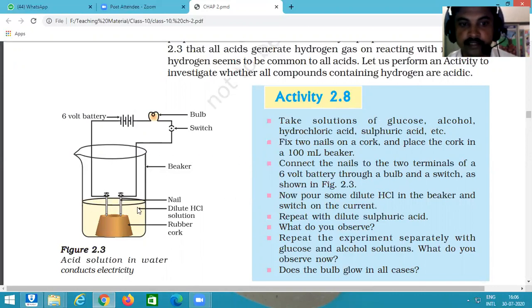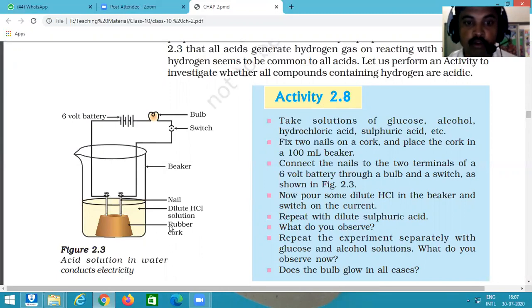After we switch on, we want to see whether the bulb will glow or not. So what do we see? After putting the dilute HCl solution, we see that the bulb is glowing.